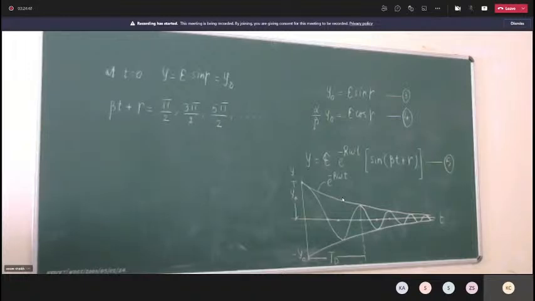I'm trying to prove that beta is omega damped, as we have seen in the beginning today. Beta is omega damped.